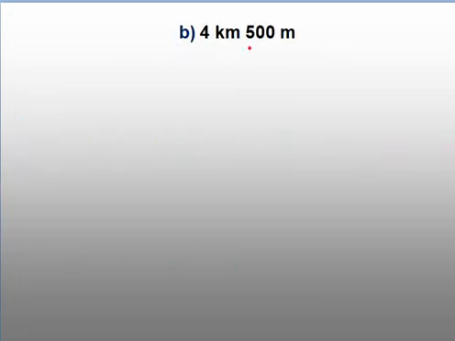Convert 4 kilometer 500 meter into meters. Now here this number is having mixed units. It is having kilometer as well as meters, and we have to convert it into meters. So what we will do? First we will convert the kilometer part into meters and then add the other meter part to get the answer. Now what is the relation between kilometer and meter?